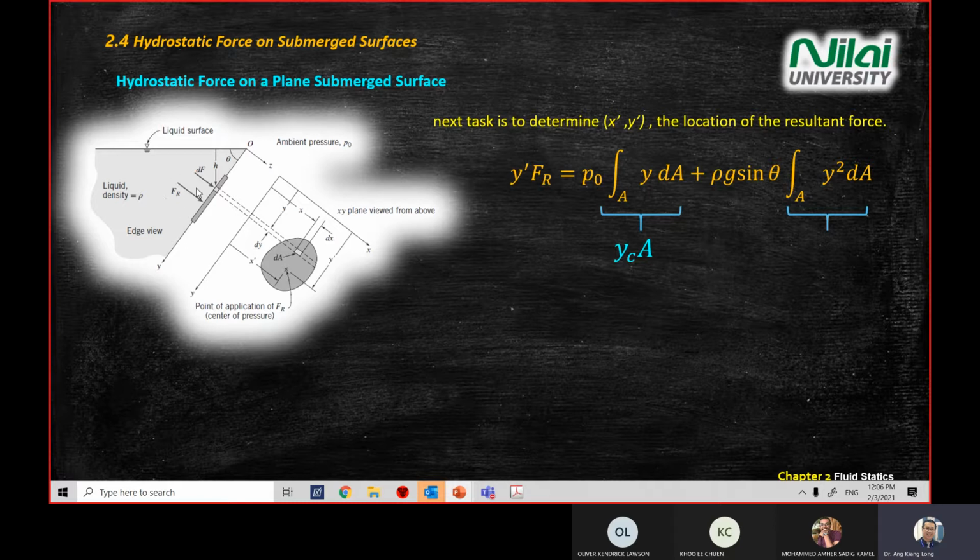Because this FR, the resultant force, will create a moment from the origin here. So FR will have a moment effect. And again, FR is created because of the pressure, or the water pressure on the surface.